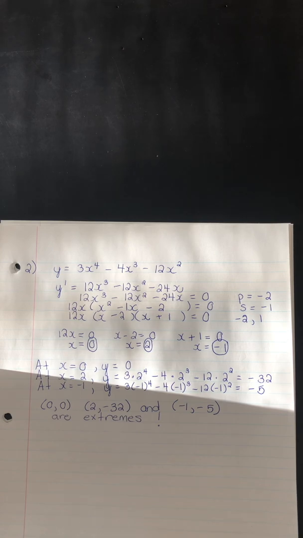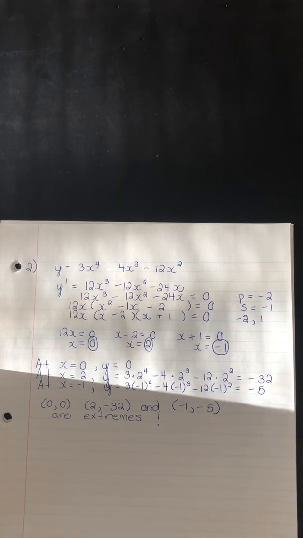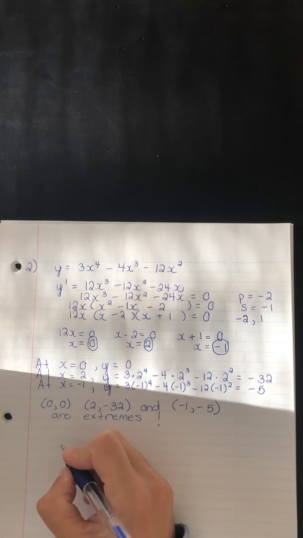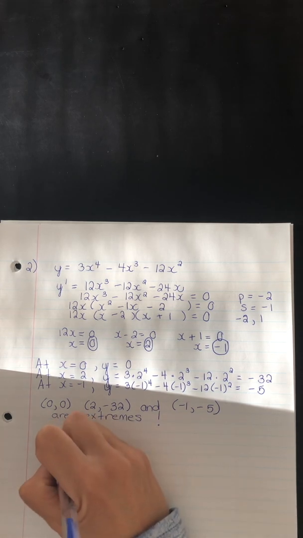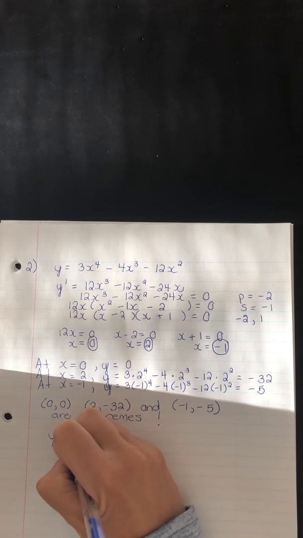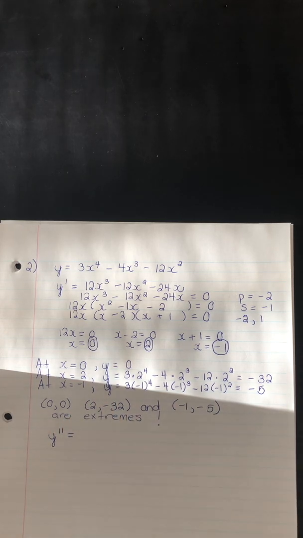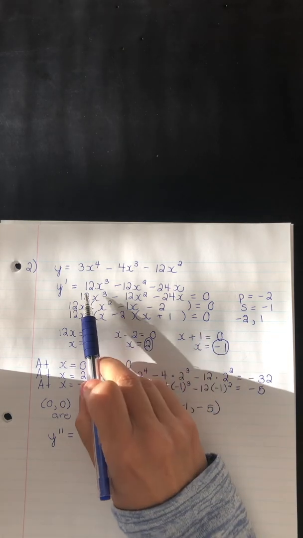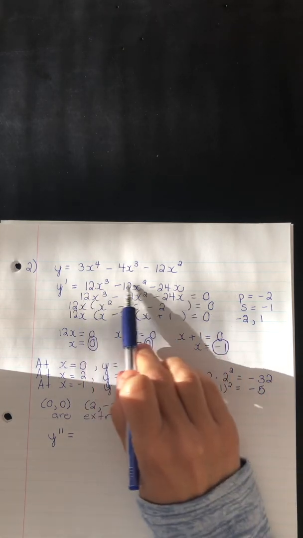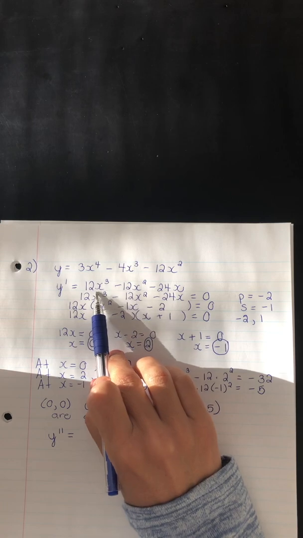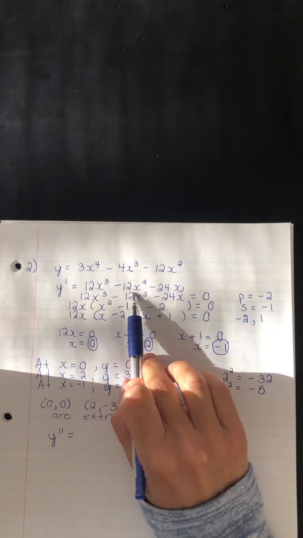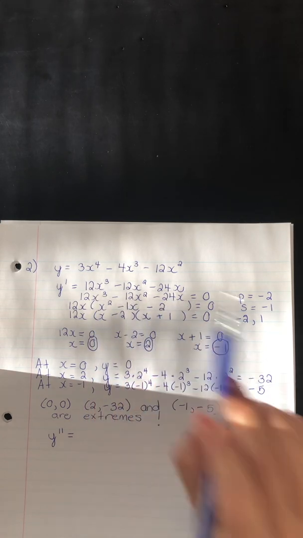So what we're gonna do is use the second derivative test. Okay, so let's do the second derivative test now. So what does that require? It requires us to find, first of all, the second derivative. So y double prime is the derivative of y prime, and therefore it's 36x squared minus 24x minus 24.